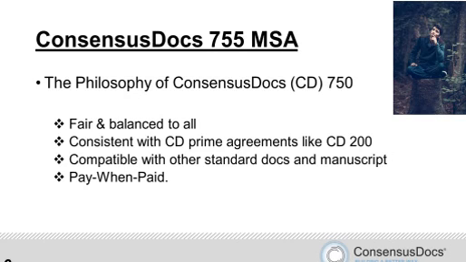In 755, it's 9.1.1, and also look at its approach to how we tried to deal with the issue of additional insured coverage, which is, as you might expect, a hot topic between subcontractors and contractors. And then finally, you might take a look at the dispute mitigation and resolution procedures that are employed in this document, all of which I think go to underscore the balanced approach that we tried to achieve.